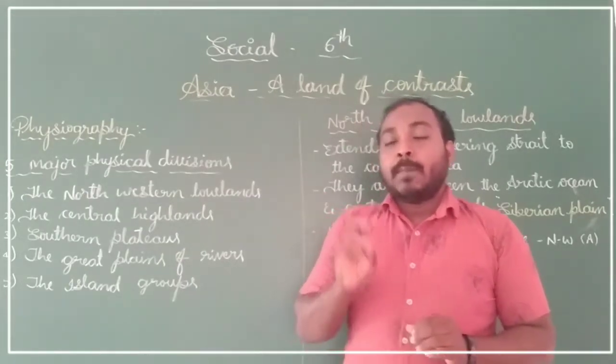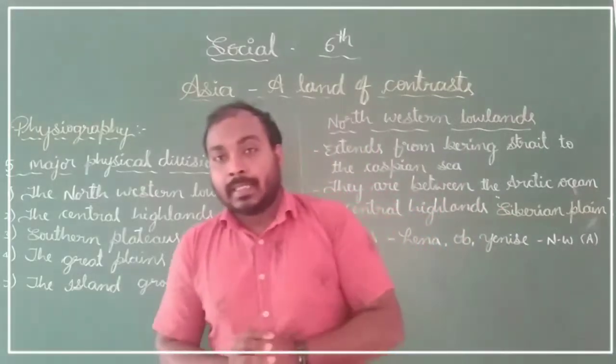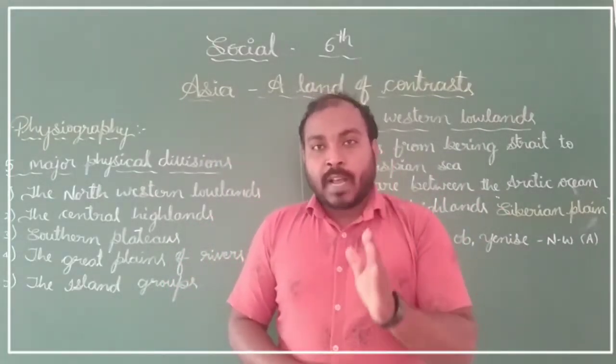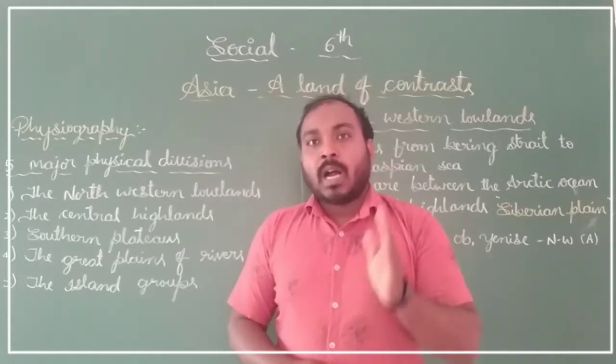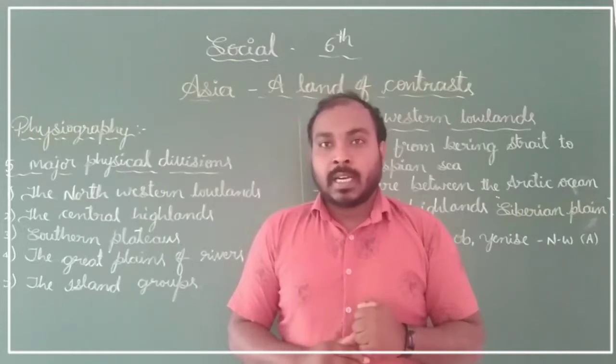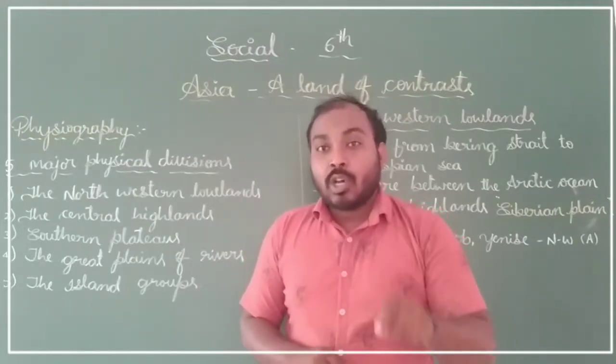And also the important imaginary lines are the equator, Tropic of Cancer, Tropic of Capricorn, Arctic Circle and Antarctic Circle. These are very important imaginary lines, isn't it? Two important imaginary lines pass through the Asia continent.